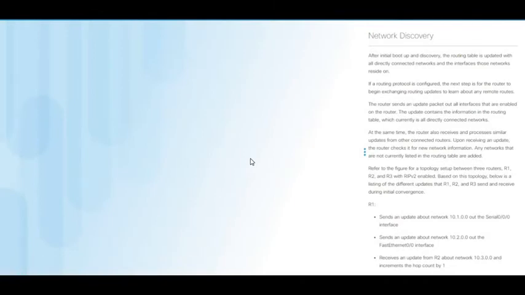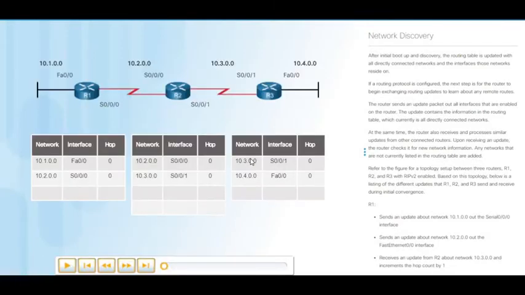So what about network discovery? How do they exactly discover the other remote networks? From cold start, this is how they update their routing table. First, they save the directly connected networks in their routing table. If they're going to add more entries, it will depend on the protocol that you're going to use.